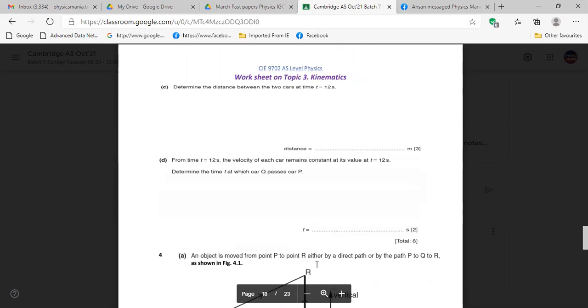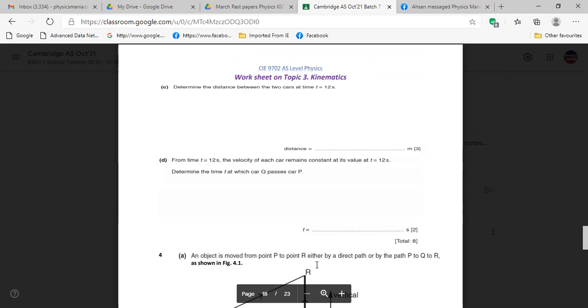Next one. Read. Determine the distance between the two curves at time t equals 12 seconds. So what is the distance between these two cars? You have to find it. How will you get the distance? We find both of the cars' distances and subtract. Yes, area under the graph, right?